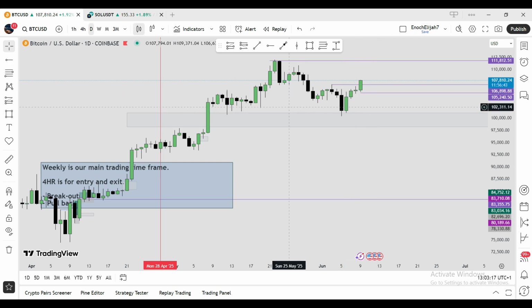The logic is that as long as we are still bullish, the low of the previous candle should not be taken out by price, except market manipulation occurs.